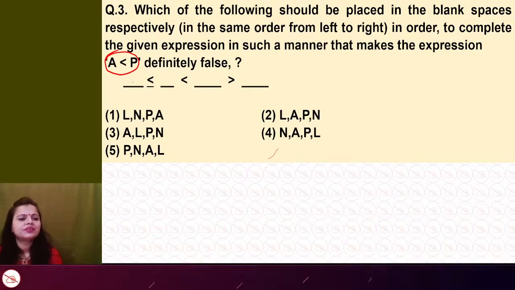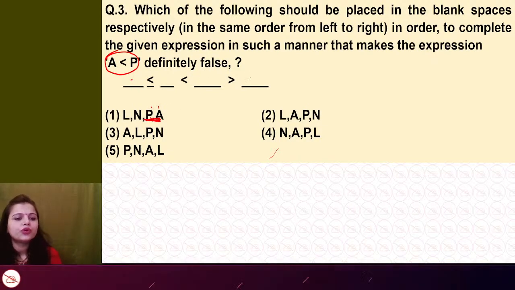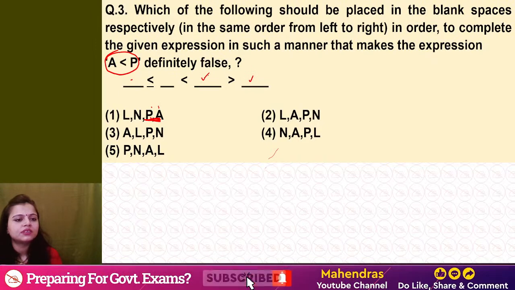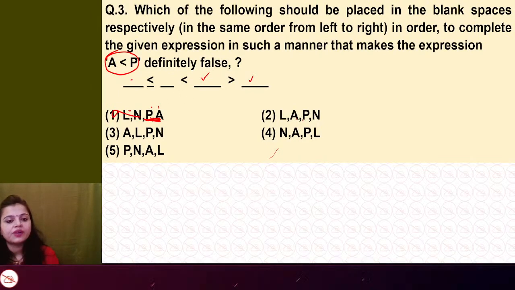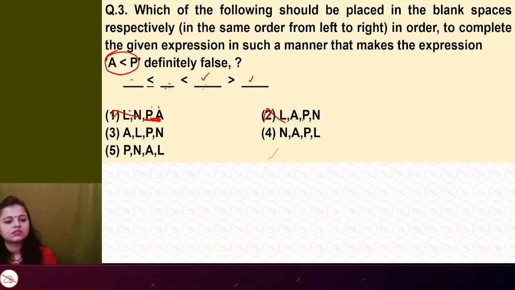A and P. So P and A. See, from the options, just check. If you put A on the fourth place and P on the third place, you are getting P is greater than A. So the first one is wrong. If A is in the second and P in the third, again A is less than P. That means it's not definitely false.